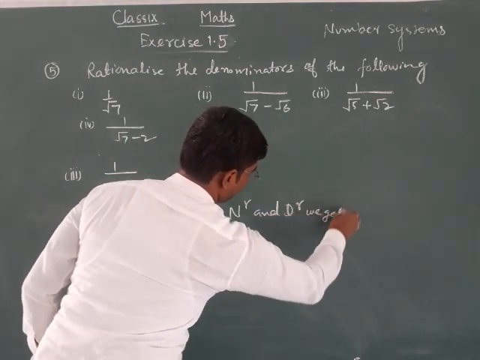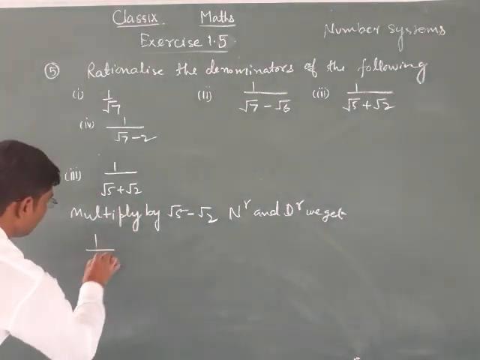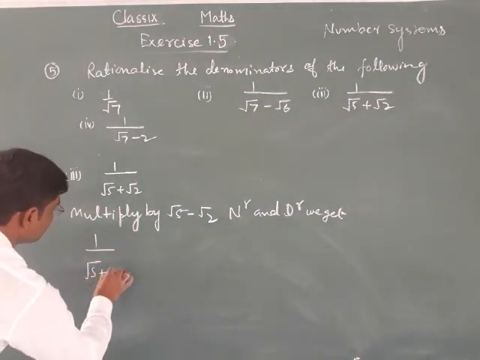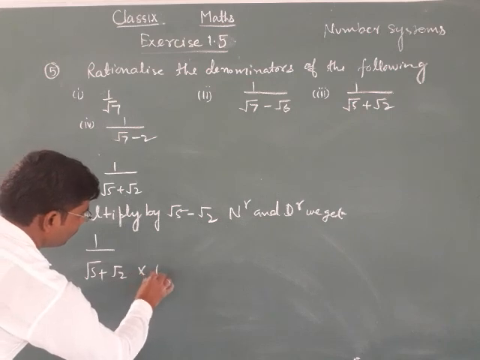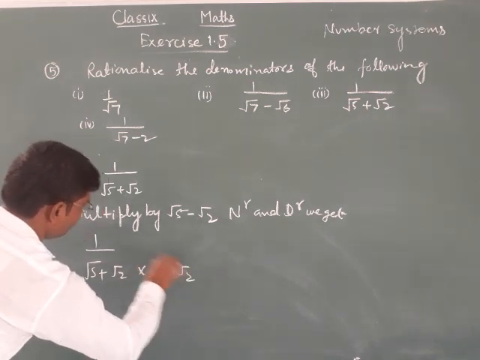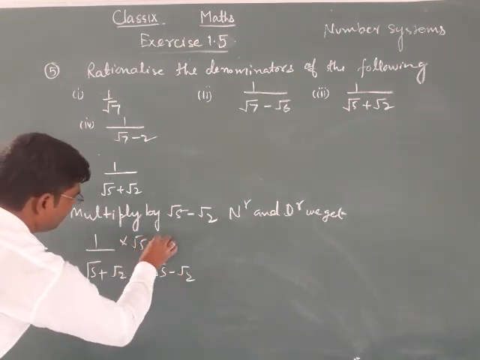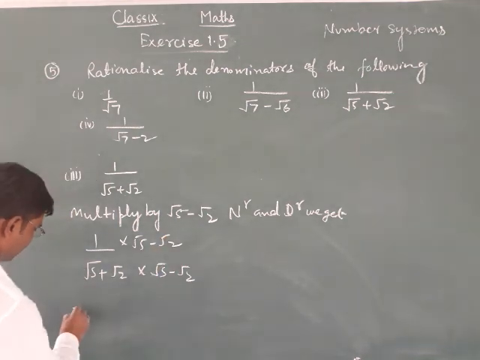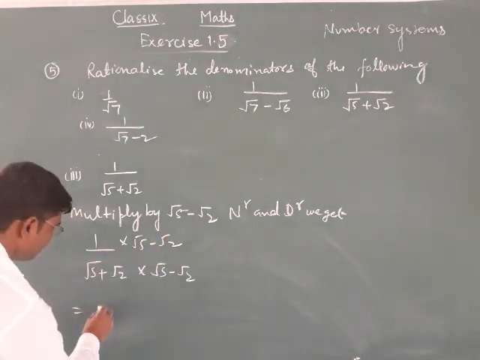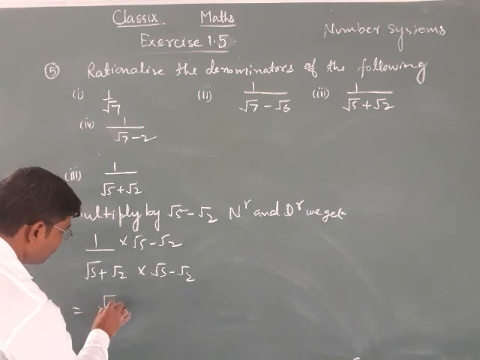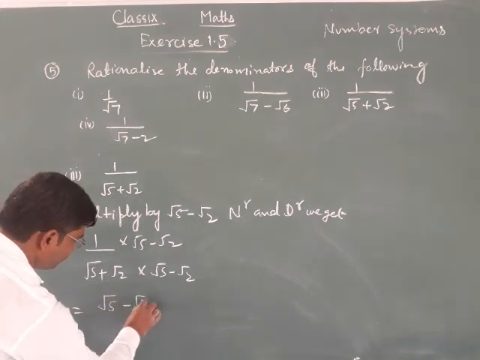We get 1 upon root 5 plus root 2 into root 5 minus root 2 upon root 5 minus root 2. The numerator is multiplied by this with no change, root 5 minus root 2.